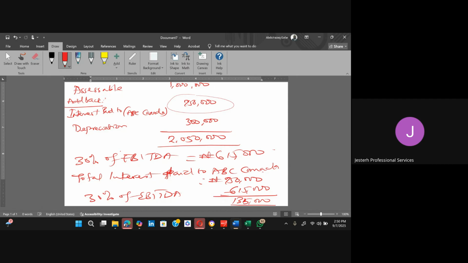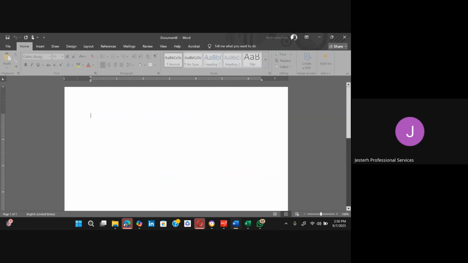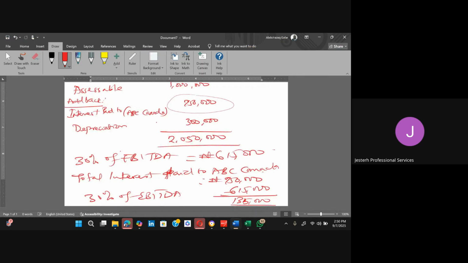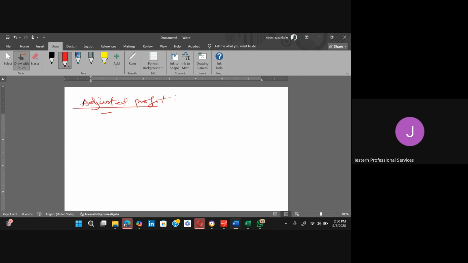So if you are about to calculate our adjusted profits, what we can now have for our adjusted profits is this: the total profit that we have, the total profits before accessible profits would be what?